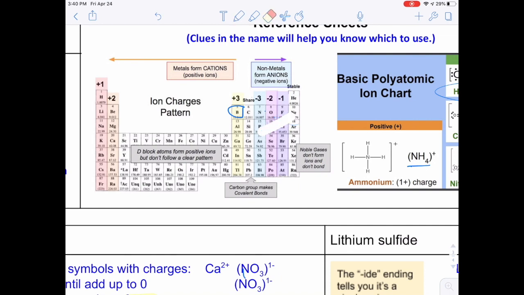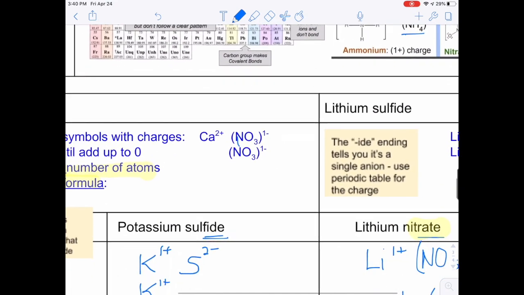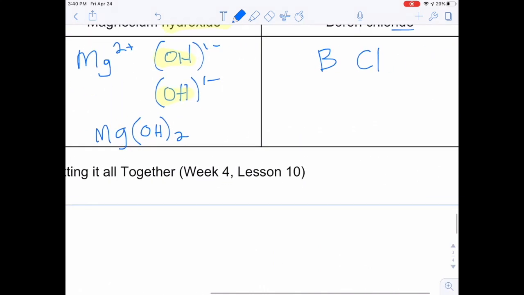And Cl, chloride, is here, and that's a -1. So +3, -1. Do they add up to 0? No. So I need more negative, so another one. +3, -1, -1, not yet. Now they do. So I'm counting B, Cl3.